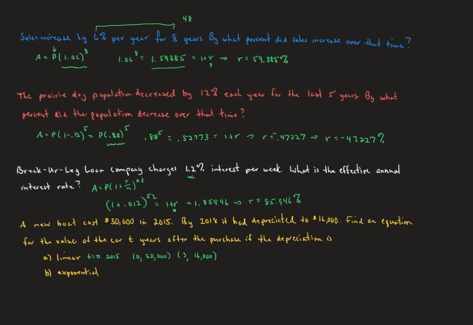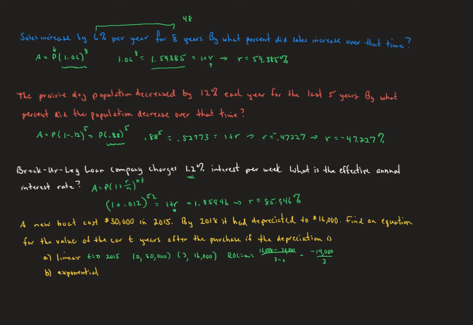So if it's linear, our rate of change, our slope, is going to be 16,000 minus 30,000 all over 3 minus 0. That's going to be negative 14,000 over 3. That's not going to come out very pretty, so I'm just going to leave it like that for now.